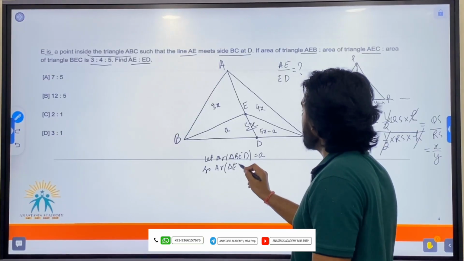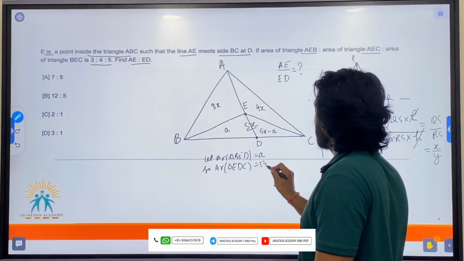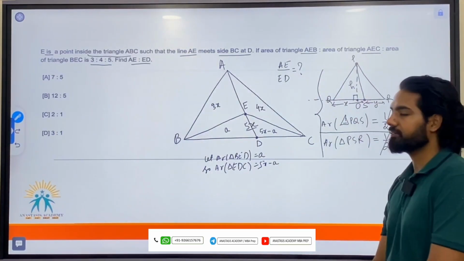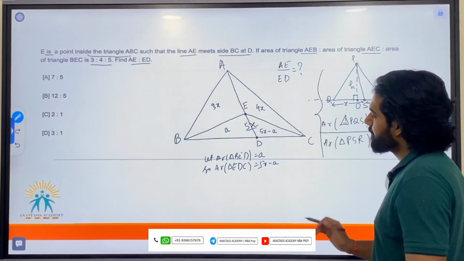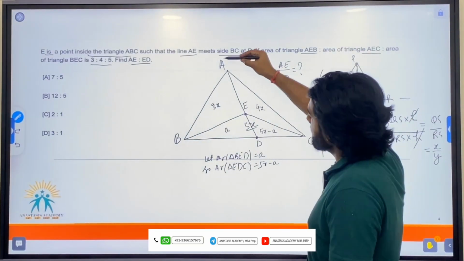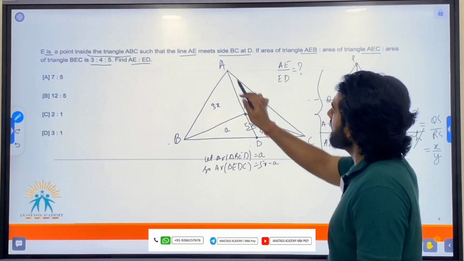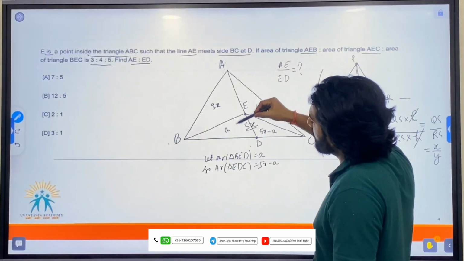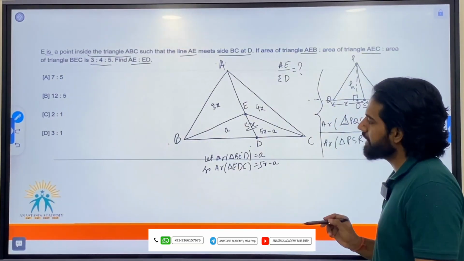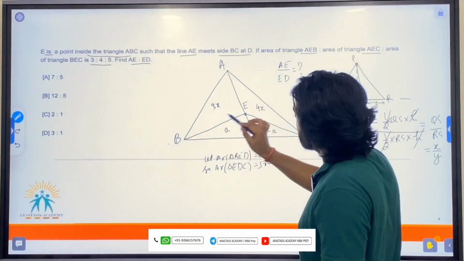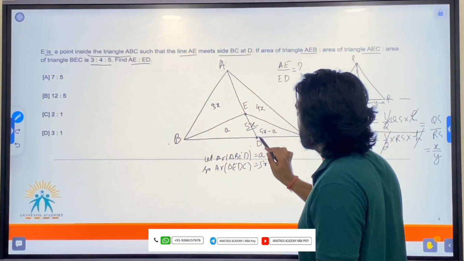Now, I'm talking about this triangle ABD. So there are two triangles inside this triangle ABD. One is ABE and the second is BED.